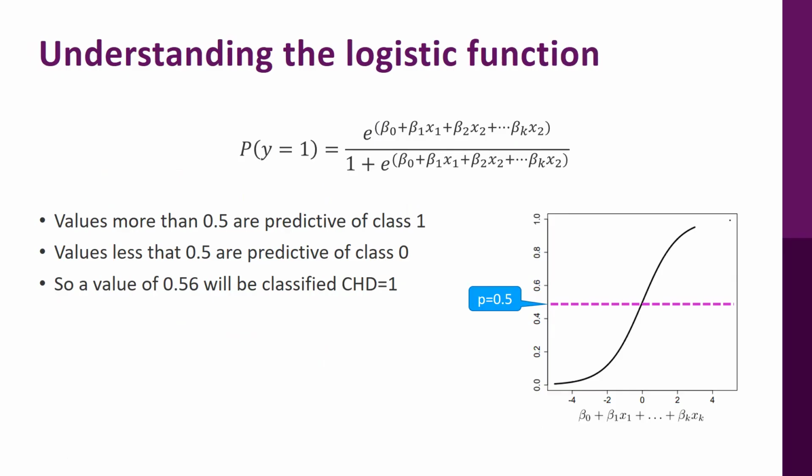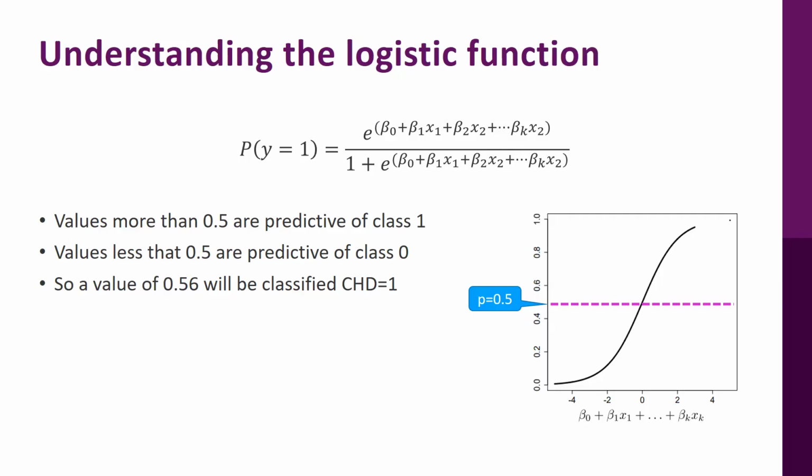Now, suppose that you are indifferent and you don't want to have any discrimination. Therefore, in that case, you can set a threshold of 50%. 50% means that if any value falls above 50%, that would be classified as 1, or having CHD, and any value that would fall below 50% would be classified as not having coronary heart disease, or 0.